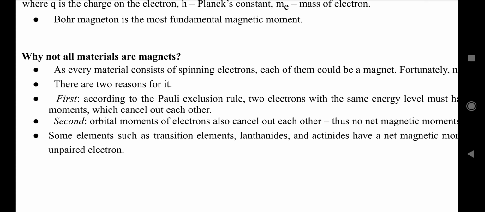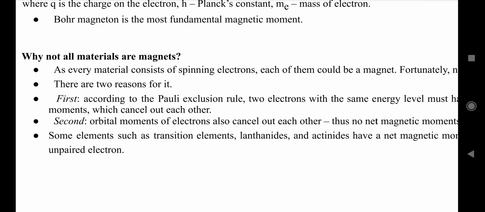The second reason is that the orbital moments of electrons can also cancel out each other, thus having a resultant zero net magnetic moment.